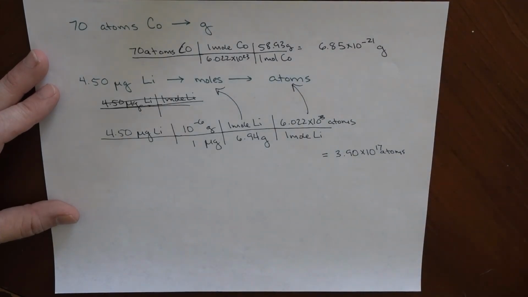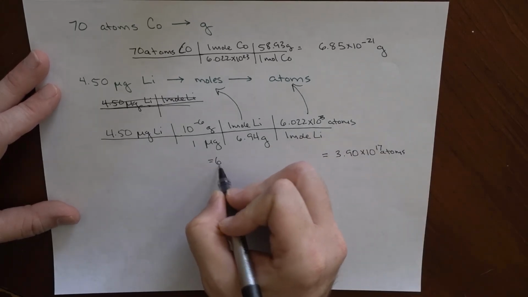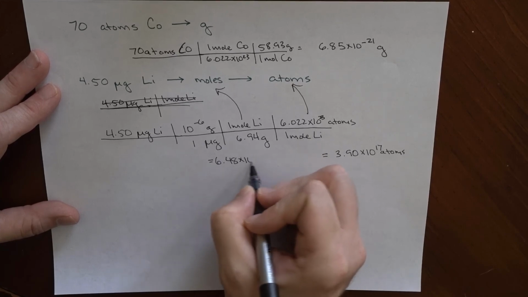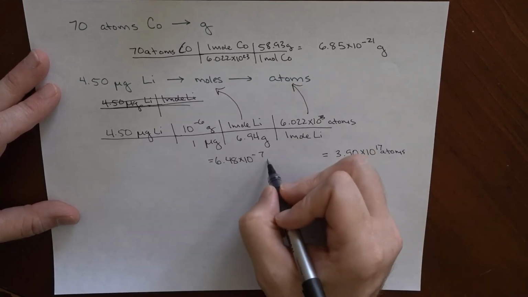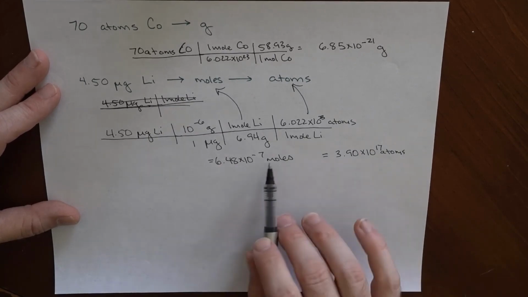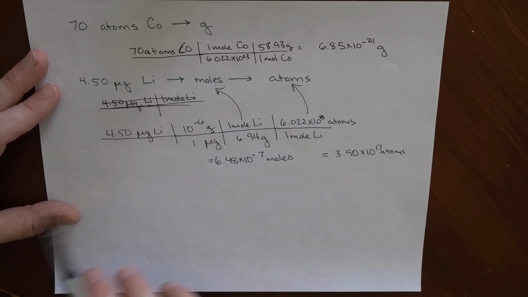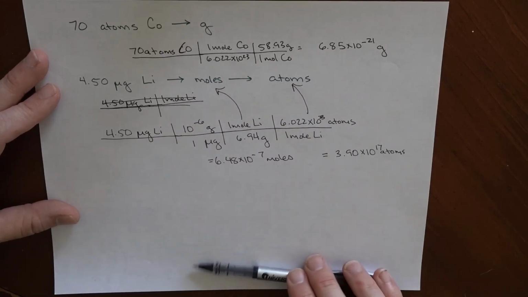And 4.5 divided by 6.94, that would get me to 6.48 times 10 to the minus 7 moles. Okay, so we are in good shape. We can convert between masses, moles, and atoms, and we should be able to go backwards and forwards in this conversion. So I hope that helps.